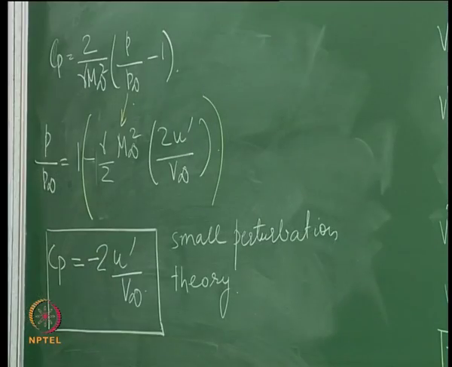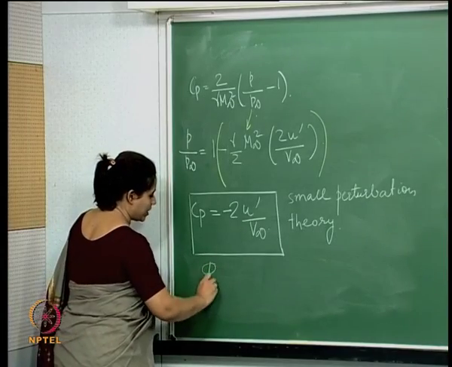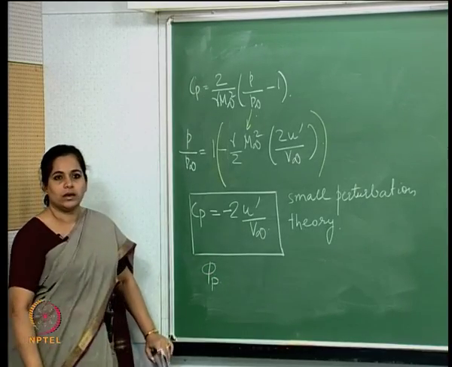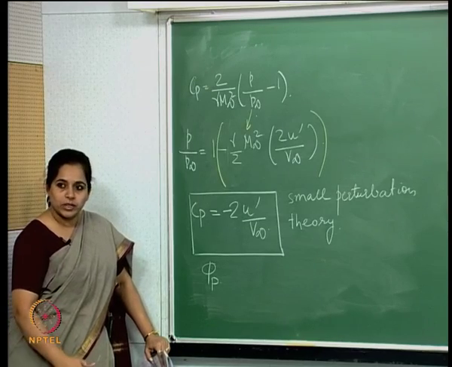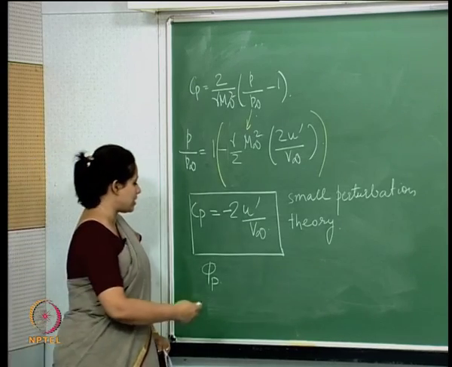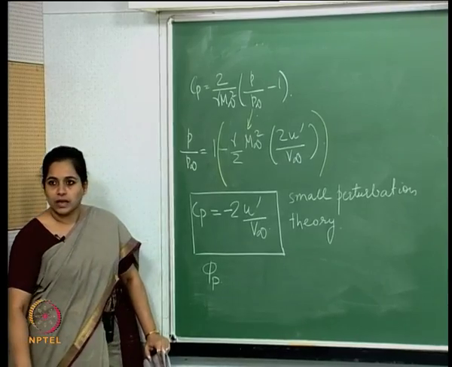Okay, so now that we've got this, we can find out u dash, because we have an expression for the perturbation potential. So u dash is basically del phi p del x, right.